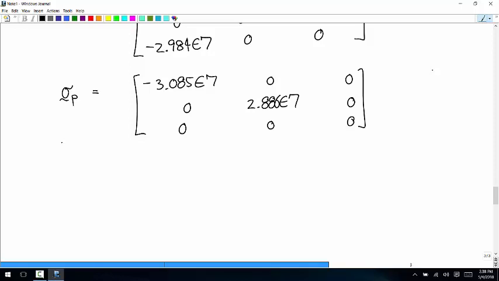So we want to do a 45-degree rotation about the z-axis, the axis that corresponds to the middle eigenvalue. So this is a big positive, this is a big negative, 0 is in between those two.